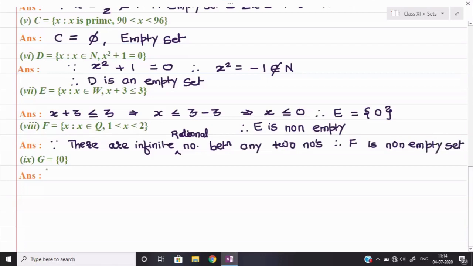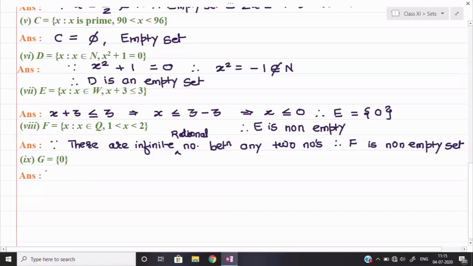Similarly, G is equal to {0}. So see, 0 you don't consider as a non-element. 0 is also one of the elements. However, mathematically there is no role when we add 0 or subtract 0. But as an element, as a number, we shall consider this one as an element.